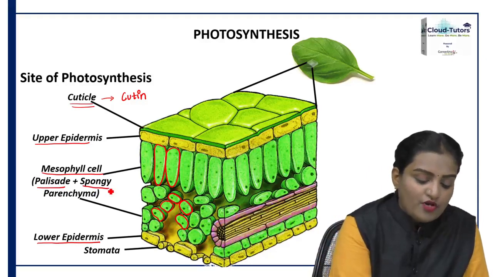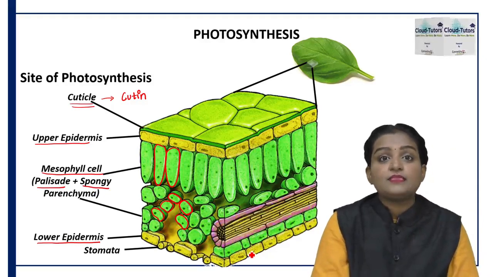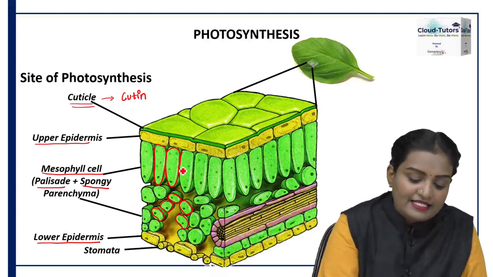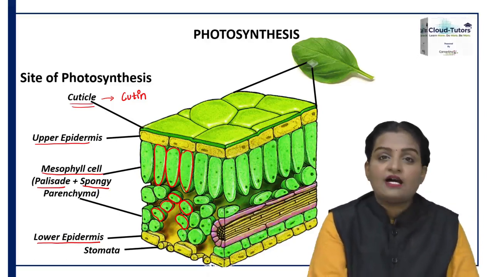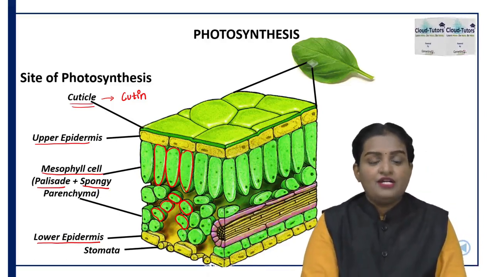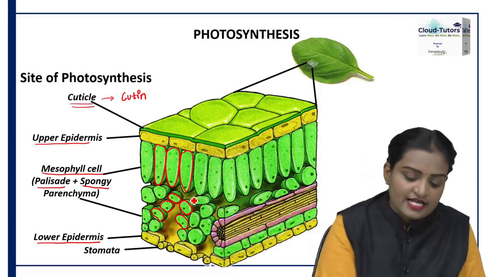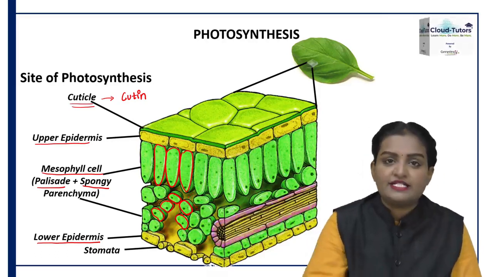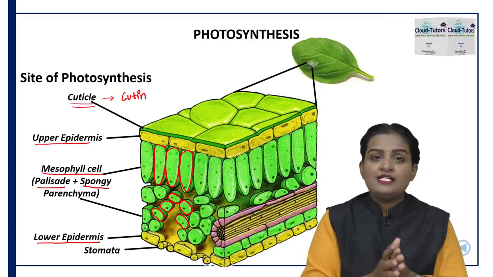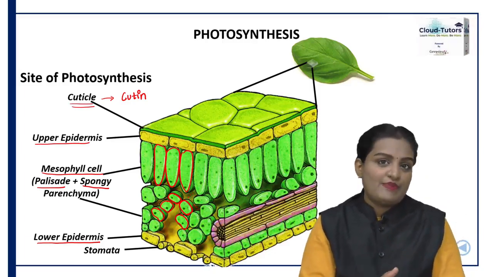They are known as spongy parenchyma. The difference here is the palisade are column shaped and very compactly arranged, whereas in spongy, if you see, there are large air gaps between it, just like a sponge, so that the air molecules can easily pass through.